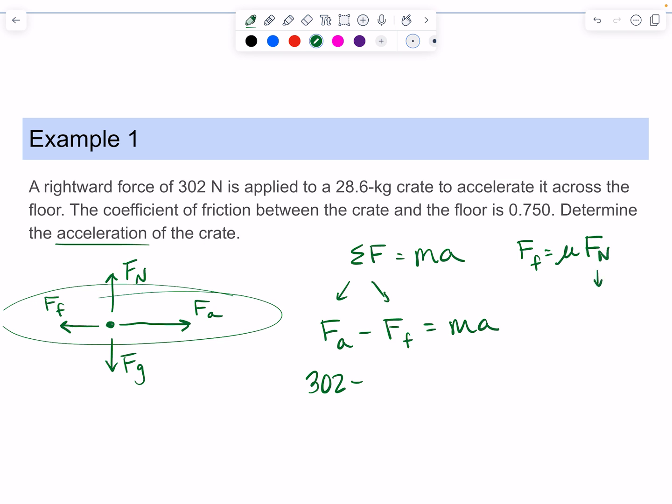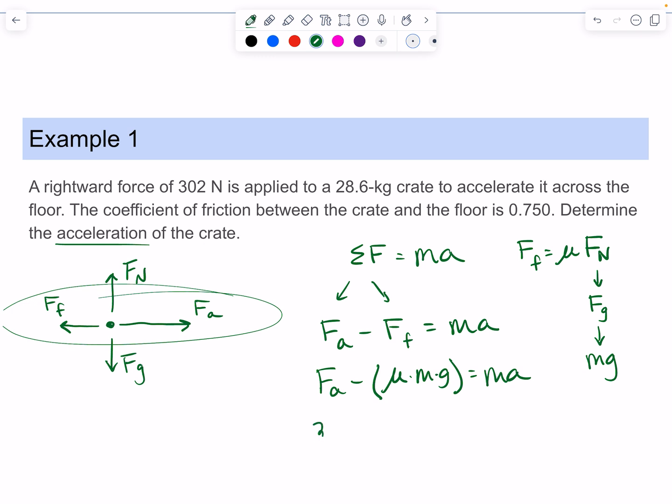Because it's resting on a flat surface, normal force is equal to the force of gravity. And force of gravity is equal to mass times gravity. So I can replace this with mu times mass times gravity. Let's say this for now, is equal to ma.